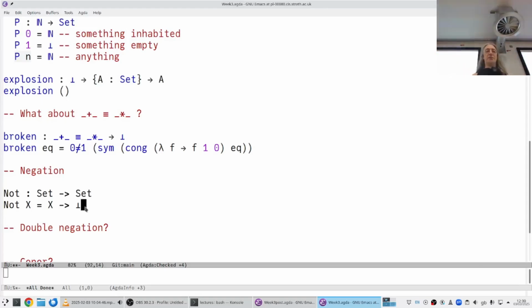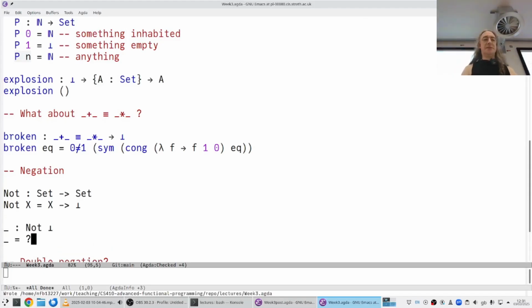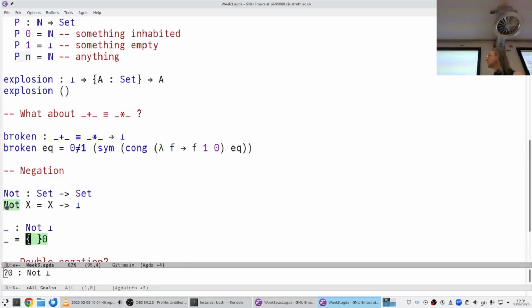We should check, for example, that we can prove not false. So what we're saying is that not X is true if X is less true than false. But whenever X is true, then false is true. So this is kind of nice.